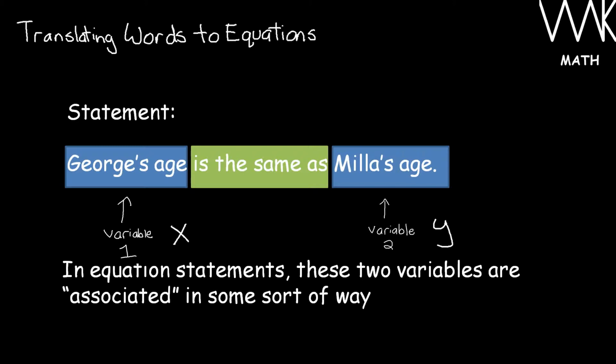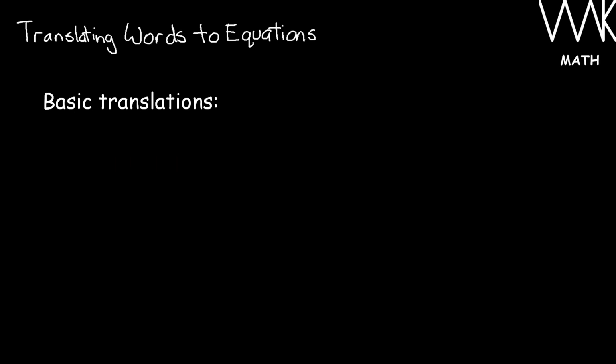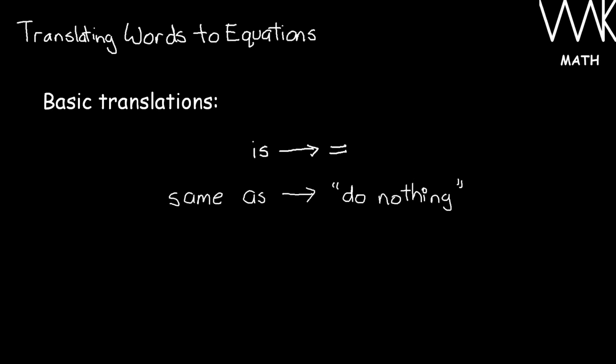But how? What the heck does is the same as mean? This is where we're going to have to use some sort of dictionary or mathematics translation dictionary. And we'll start with some of the basic translations. So, if you see the word is, when you see is in the statement, so variable 1, variable 2, and then is means equal sign. The same as, it's basically the same as an equal sign.